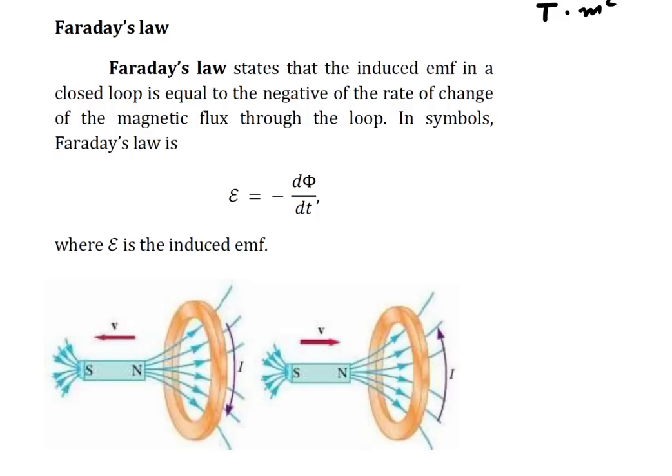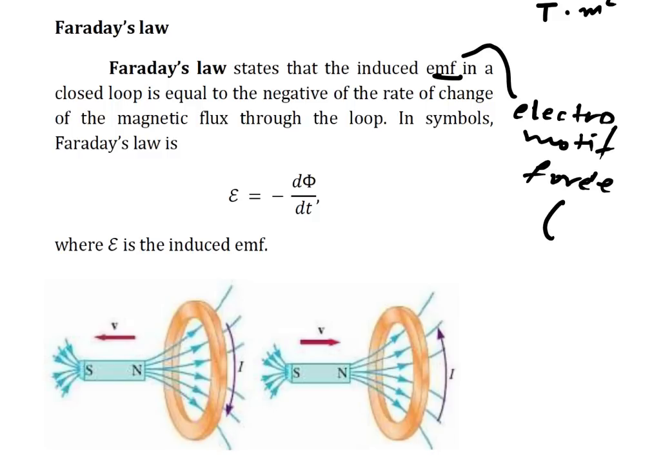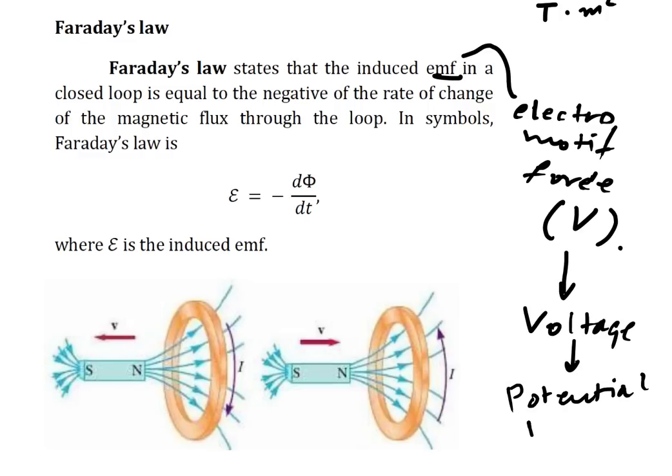Faraday's law states that the induced EMF, which stands for electromotive force, in the unit of volts, is actually the voltage or the potential difference that is created by something.